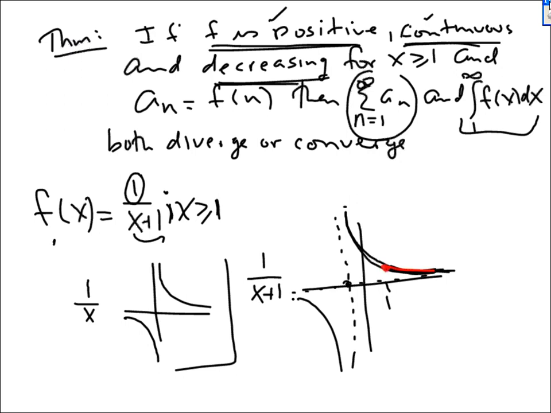From 1 to infinity, it's going down. So it lived up to the three criteria. The function for x greater than or equal to 1 was positive, continuous, and decreasing. So now we can go ahead and use this theorem.